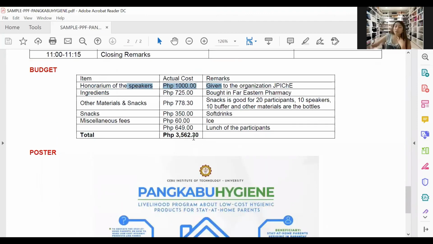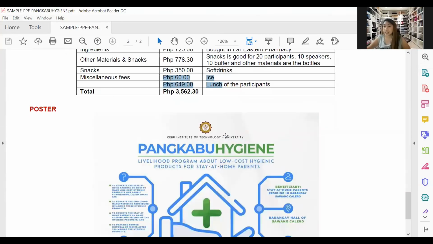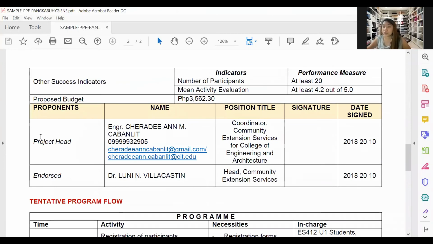Okay. So if we are just going to do the session, it will just be the snacks of the participants, the ingredients, maybe the speakers will be free so that you can save, or these other miscellaneous fees can also be eliminated.